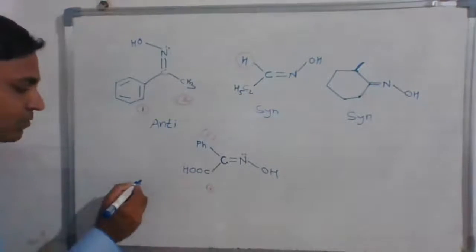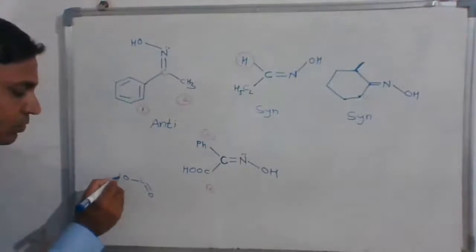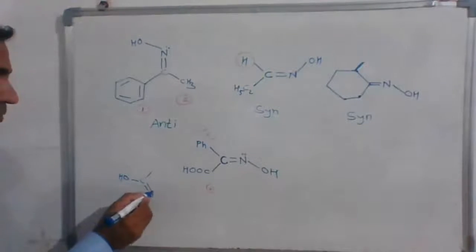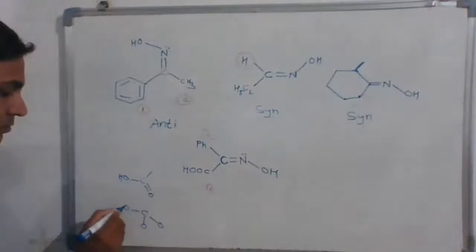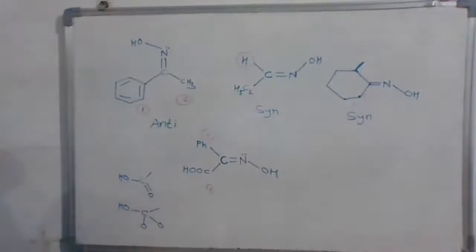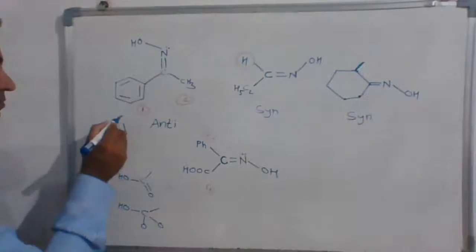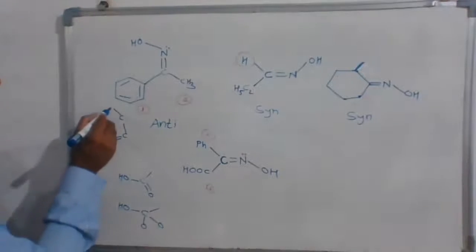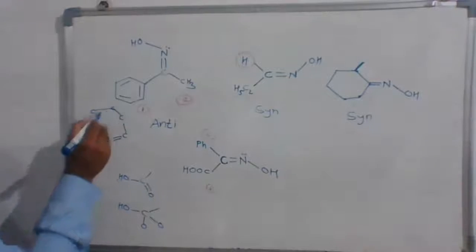See, this carboxyl means C double bond O, OH. As per our rule, double bond O means 2 times oxygen. Phenyl ring means carbon, again carbon, again carbon. Next ones are also carbons.